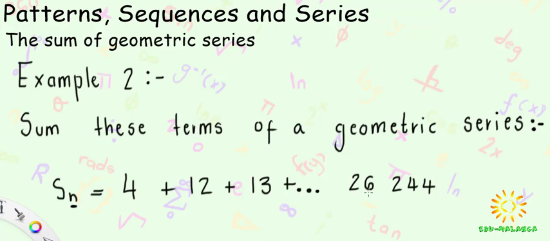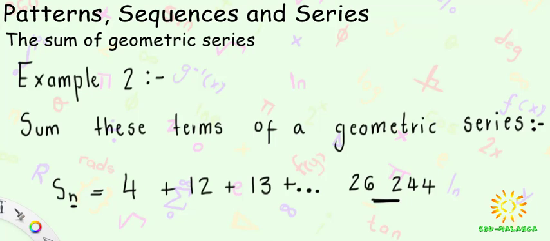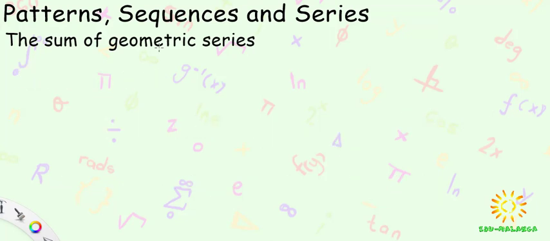So we will have to use the last term that we're given over here, solve for n, and we will be able to substitute into the equation and solve for the sum of these terms of the geometric series. I hope you're still following. Let's start then by solving for n. To solve for n, we're going to use the formula for a geometric sequence, and the formula looks like this.